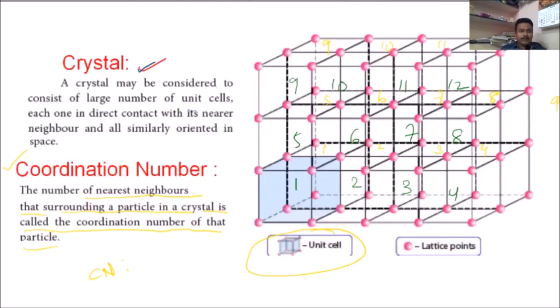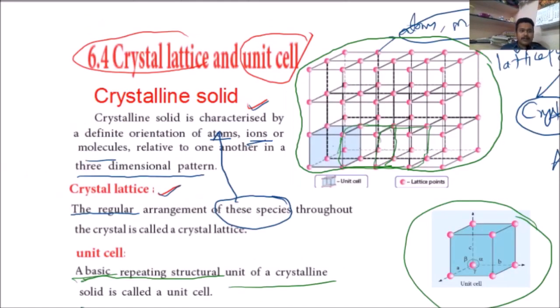See this. Whenever I am talking about a unit cell, in this unit cell, what is there? One axis, x axis is there, y axis is there, and z axis is there. Three dimensionally, x, y, z axes are there. The angle between two axes you consider as alpha. The angle between the y and z axes you consider as beta. The angle between the x and z axes you consider as gamma.